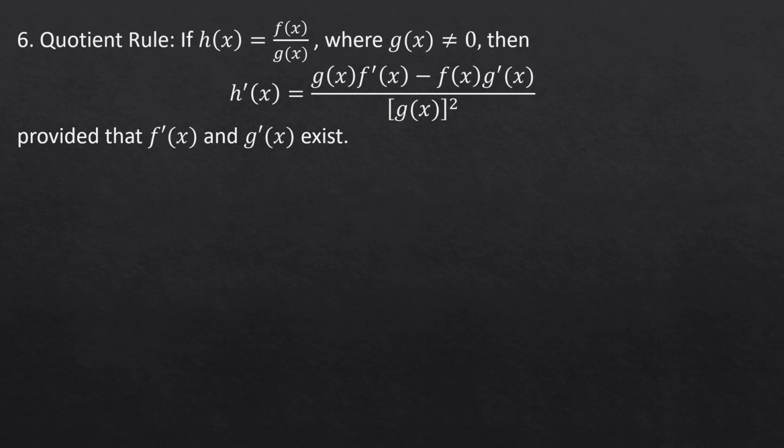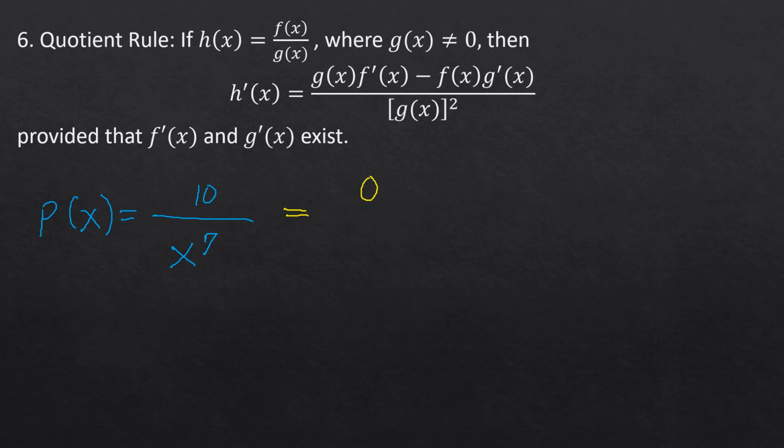We may also have another example where the numerator is a constant. Let's say, for example, we have p of x is equal to 10 over x raised to 7. The derivative of the numerator 10 is simply 0.